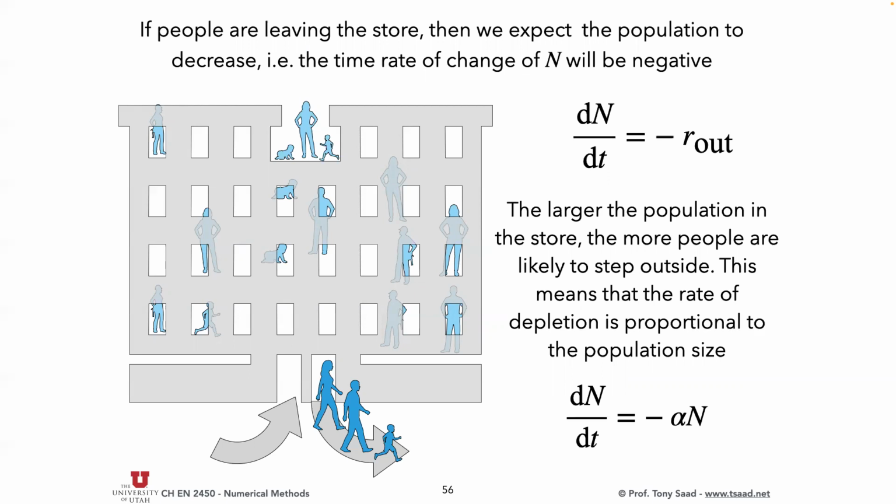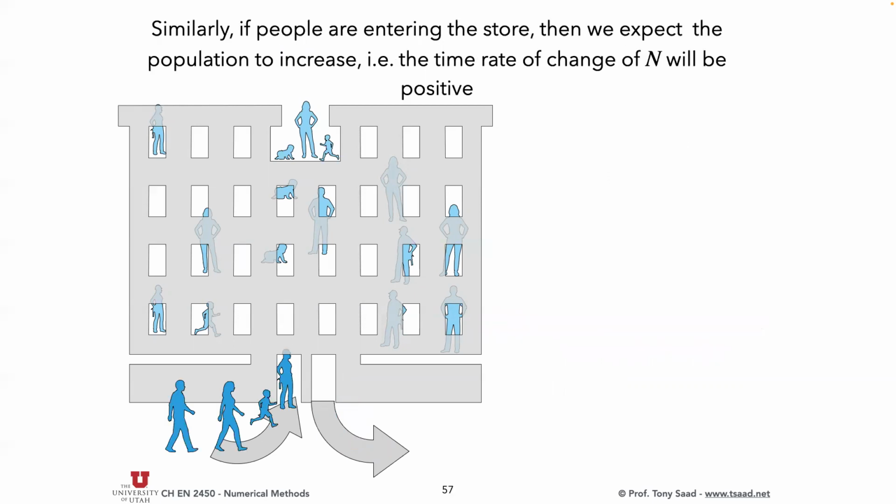So this can be written as dn by dt equals minus some parameter that you can measure and observe, times the population itself. You could have n squared over here, or n cubed, but the basic idea is that the rate of change for people leaving is going to be a negative quantity. The same thing happens when people are coming in.